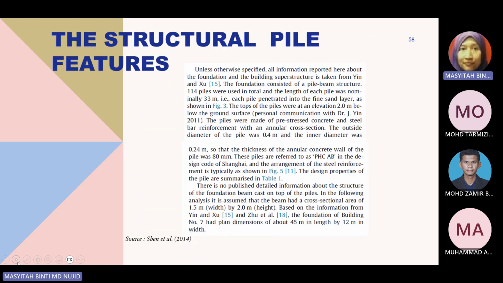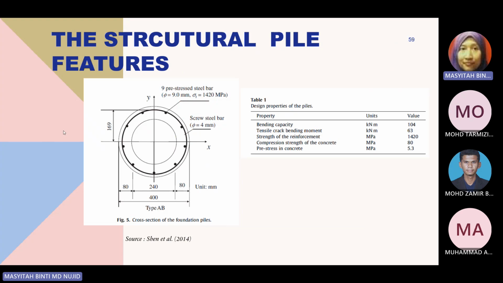Okay, the next one is similarly, again on the structure pile features, but I took it from Shan et al. These are the cross sections of the pile and also the design properties of the piles. So I think that when you are dealing with deep foundations, it's not as easy as we understand, where the structure load will be taken by the soil itself.